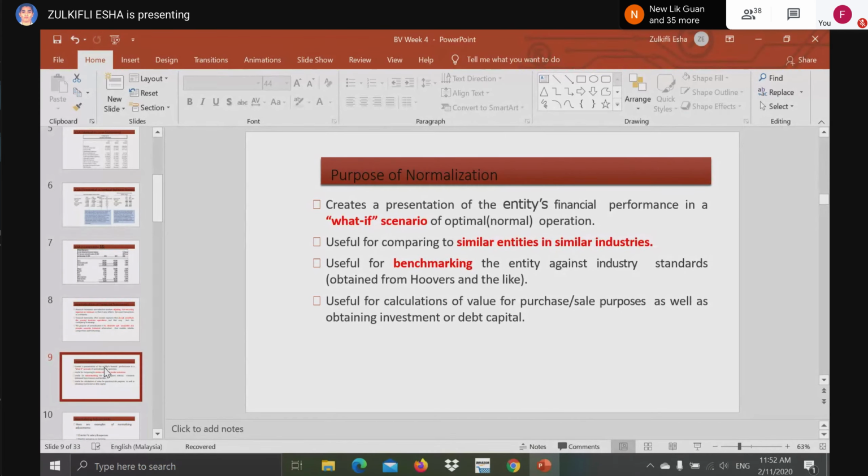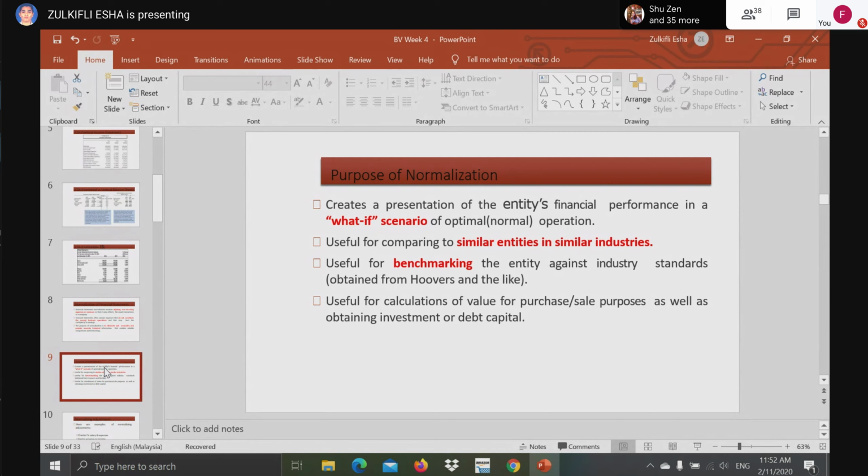So let's say you are a manufacturing company, so you may need to compare your performance with the manufacturing companies within the same industries. You cannot compare your performance with the industries which is outside your industry.